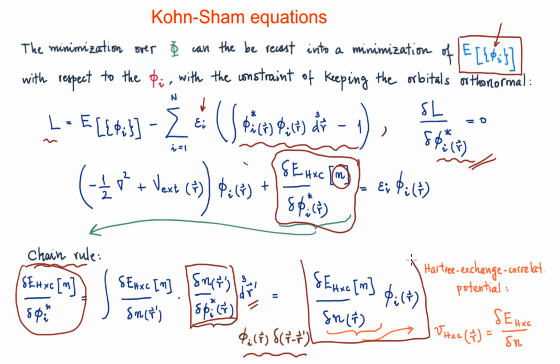As you can see, that's much more straightforward. After applying the chain rule, we have the functional derivative of the energy functional with respect to the density times the one electron state. And actually that functional derivative of the Hartree exchange correlation energy with respect to the density is going to be a potential.